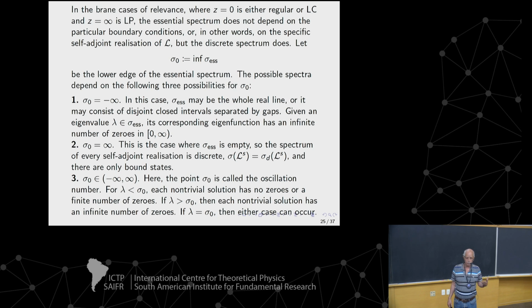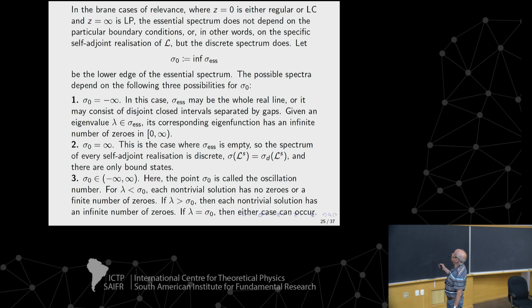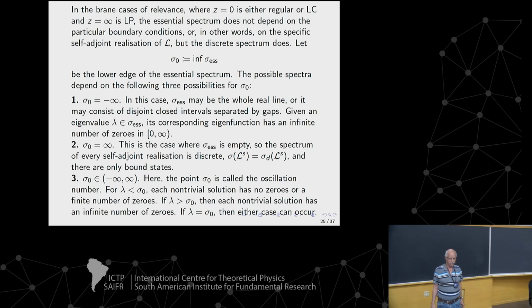But for the discrete cases, you have a certain lower limit of the essential spectrum, that's the continuum, and then you have a number of cases, depending upon where that is. If the lower limit is minus infinity, then the essential spectrum, that's the continuum, can be the whole real line. Or it could be discrete closed intervals separated by gaps.